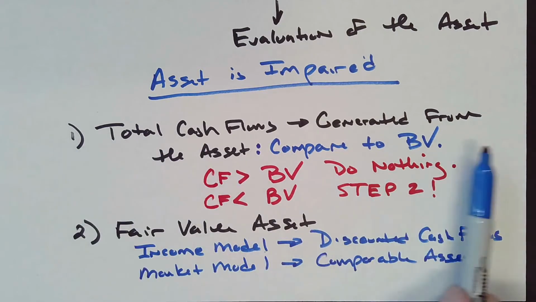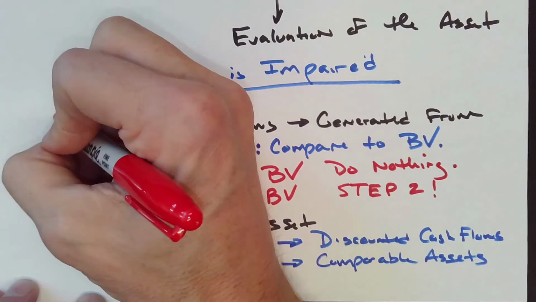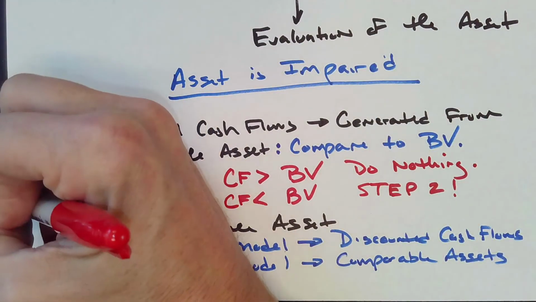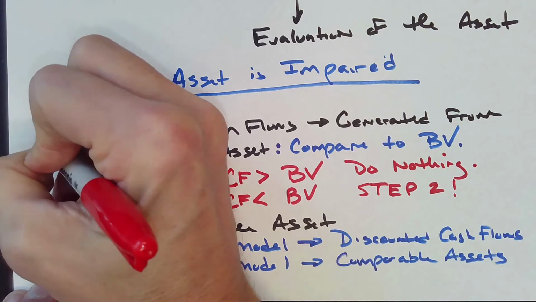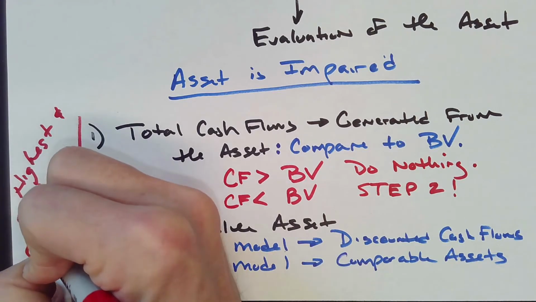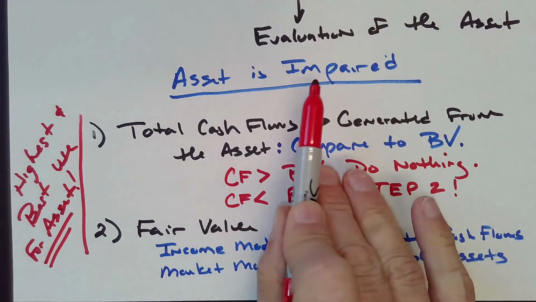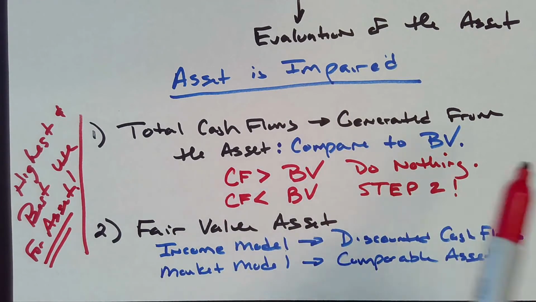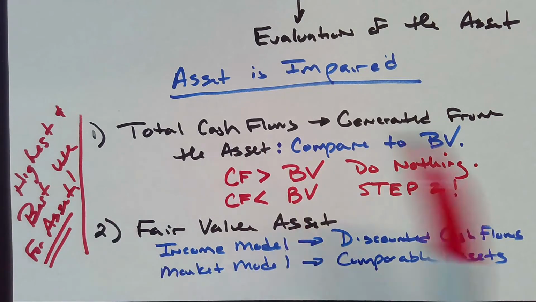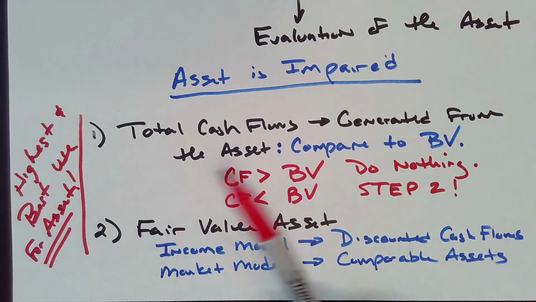And when we look at the cash flows and we look at the fair value, one of the determining factors is we're always looking at what is the highest and best use for the asset, to determine whether or not it's impaired. Because I might have a series of assets all combined that is a miniature golf course in downtown Boston, on a half-acre lot.